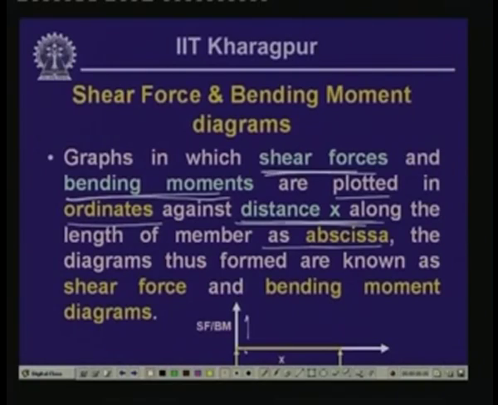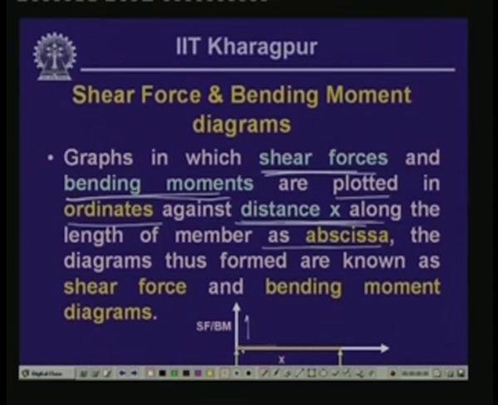Then the graph which we get gives us the plot, or the variation, of the shear force and the bending moment along the length of the beam, and those graphs we call the shear force and bending moment diagram. For convenience, suppose we have a simply supported beam.